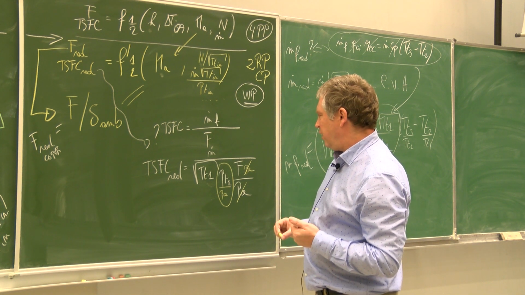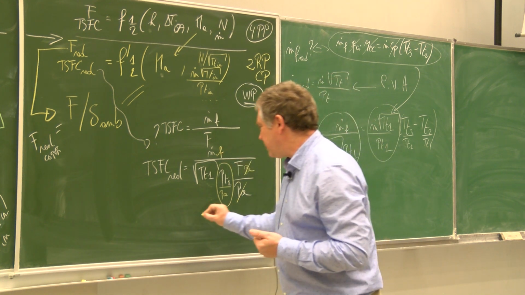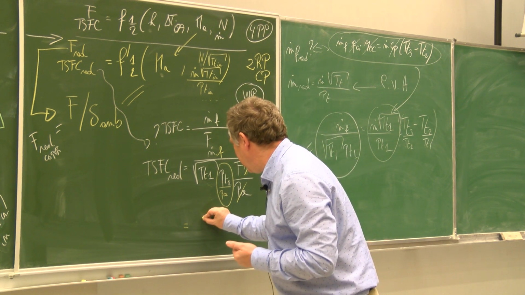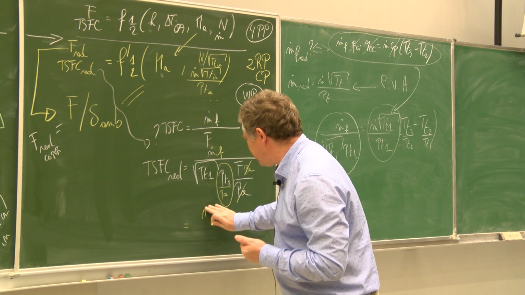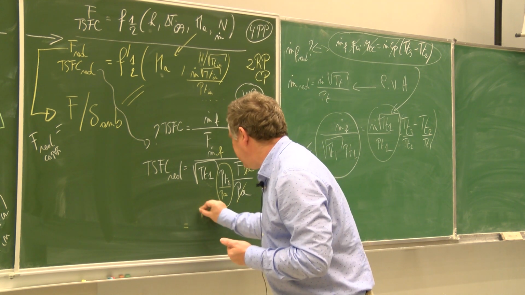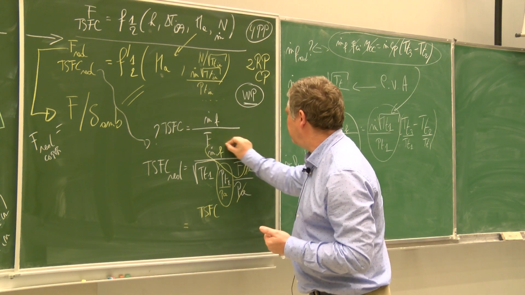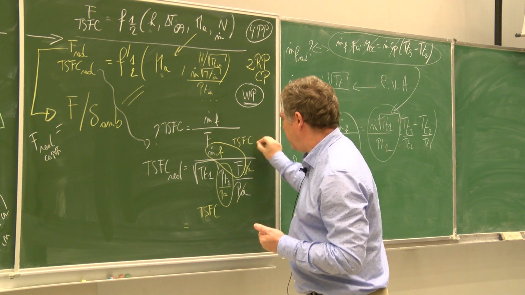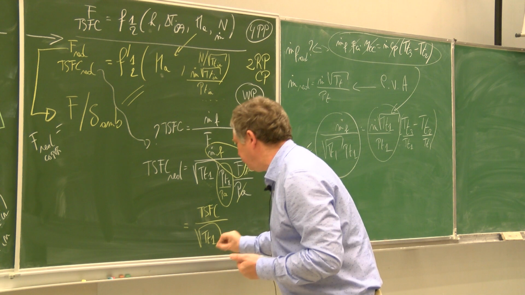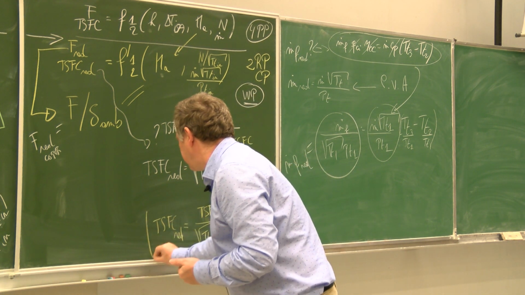And so you can see that m dot f reduced, TSFC reduced, this is in fact equal to the TSFC, because this is here the TSFC, divided by the square root TT1. This is the TSFC reduced.